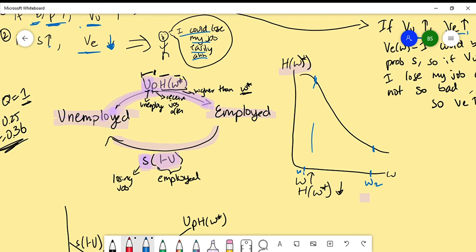Because if the wage is super high, like $20, versus very low, like $5, then the probability that the wage you're offered on your offer letter is higher than 20 is very low, but the probability that it's higher than 5 is pretty high. So basically it's downward sloping, to show that the probability of the wage being higher than the reservation wage decreases. Great.